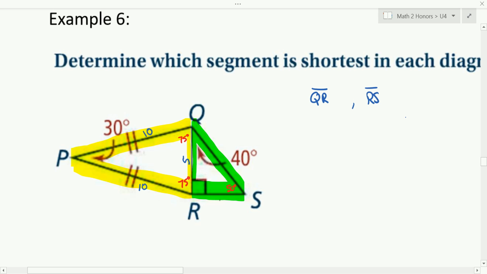So this has to be smaller than 5. I'll make it 4. And so RS has to be the smallest side. Does that make sense to you guys? It can get a little confusing, but if you look at one triangle and then the other, you get to, okay, RS has to be the smallest side.